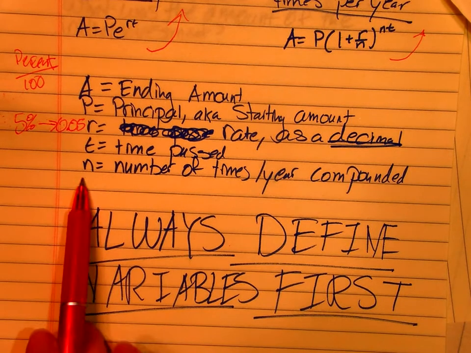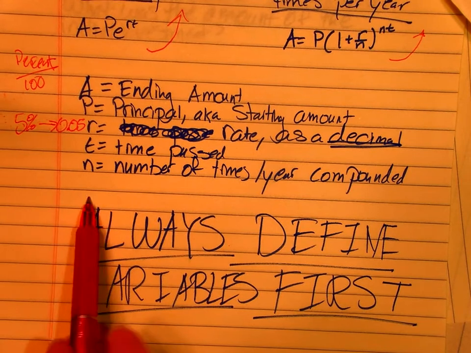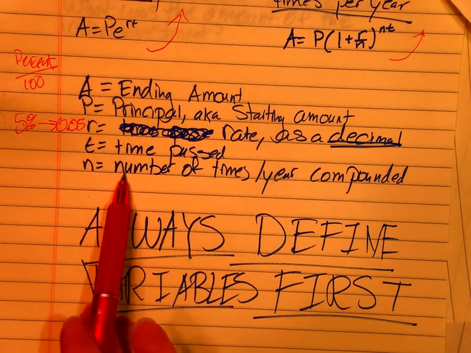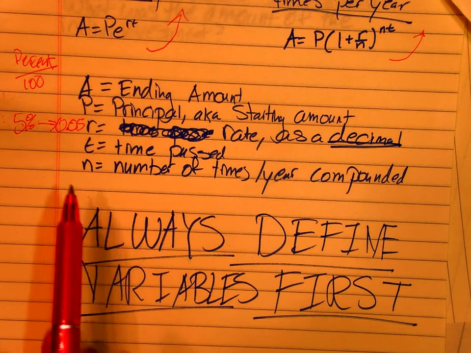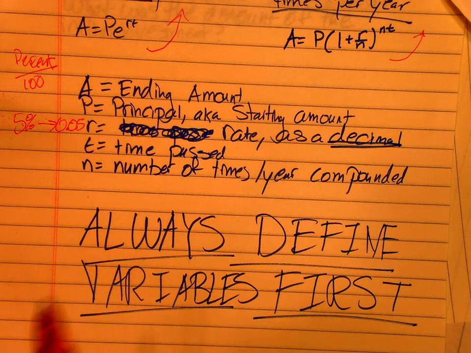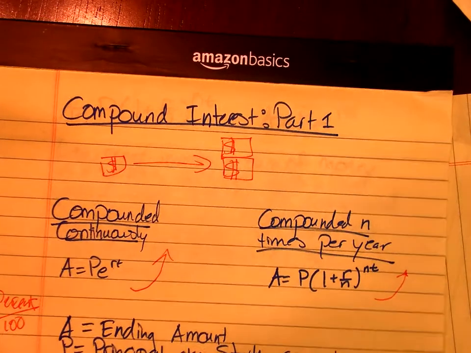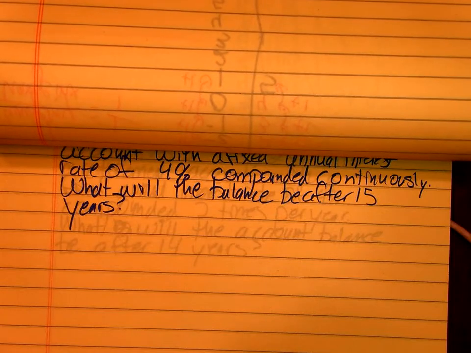I really care that you can look at a word problem and identify what's the important information in that problem and what does that information mean. That is the really good life skill. Alright, moving on to our first example.